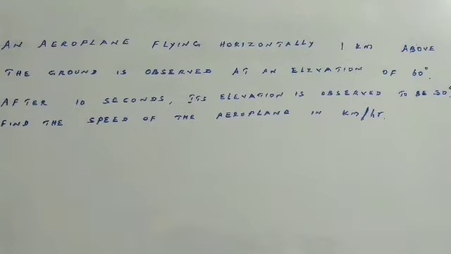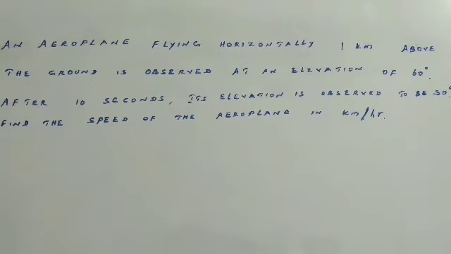An aeroplane flying horizontally 1 kilometer above the ground is observed at an elevation of 60 degrees. So the aeroplane is flying 1 kilometer above the ground. The aeroplane is observed at an angle of elevation 60 degree.